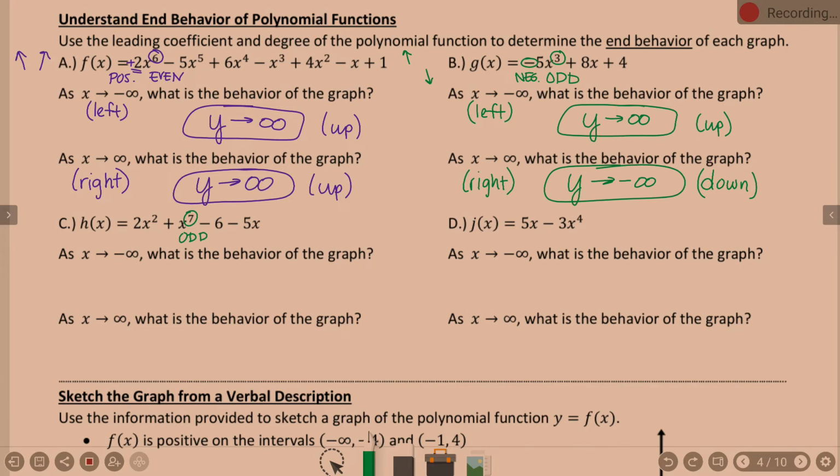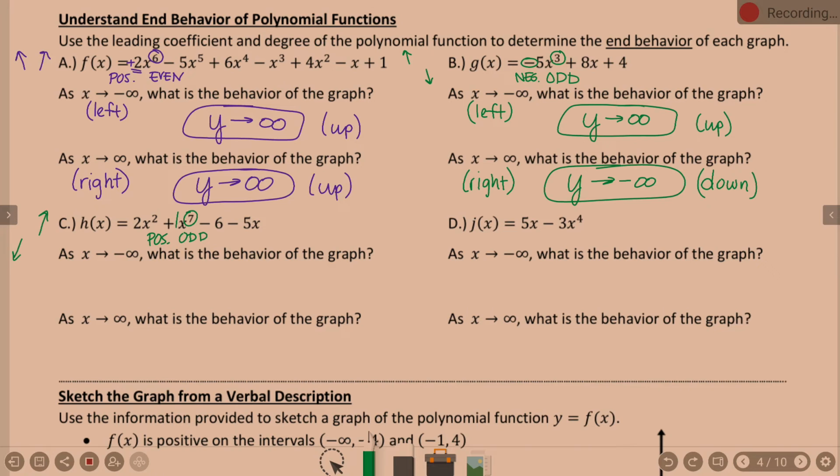It's a leading coefficient of +1, which is positive, right? So, an odd, I know odd goes opposite directions, either up, down, or down, up. What if it's positive? It's going to start down and end up.